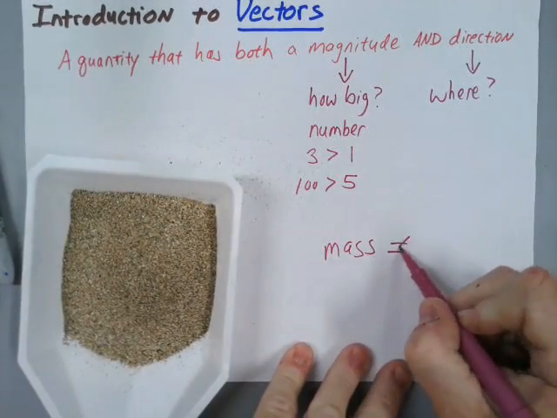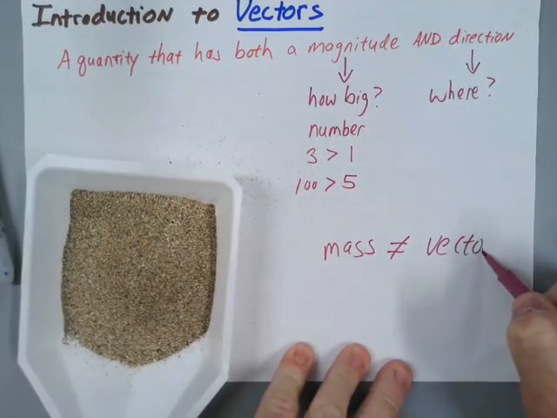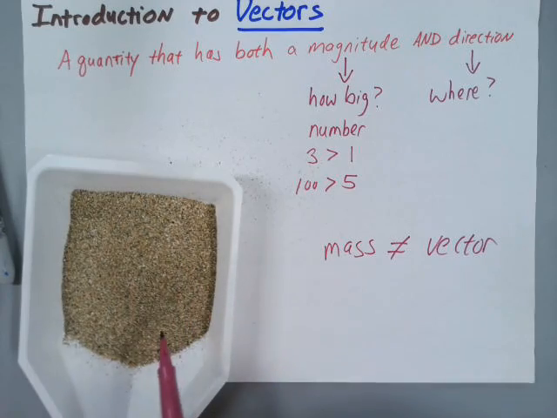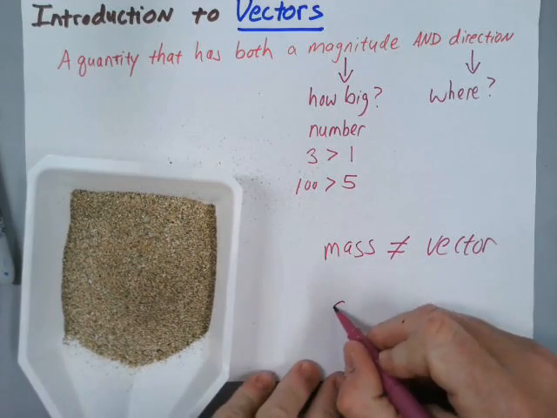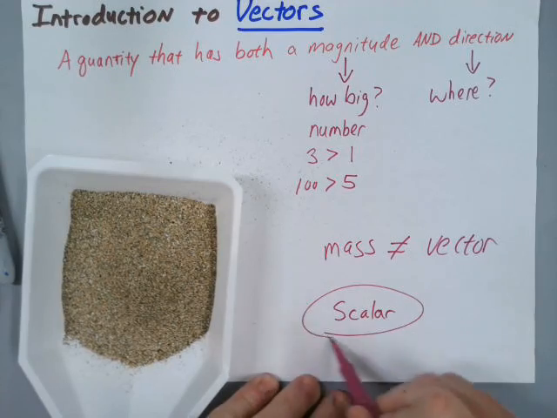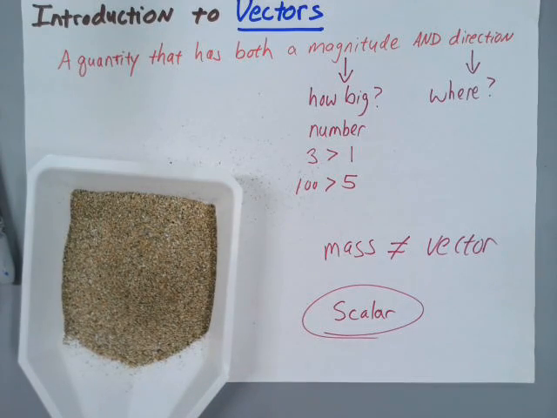Mass is not a vector because it's an amount. It's a count of how many little grains of sand are in there. Mass and length are what we call scalar quantities. A scalar is a quantity that does not have direction associated with it, like mass, like length.